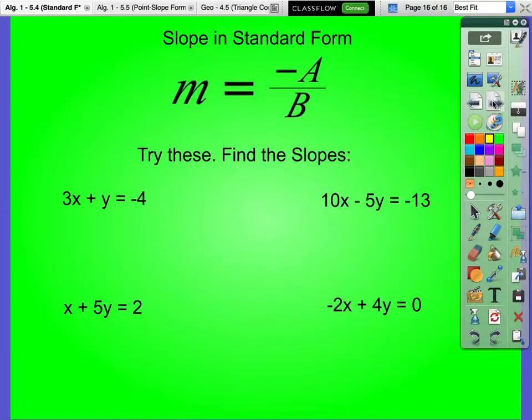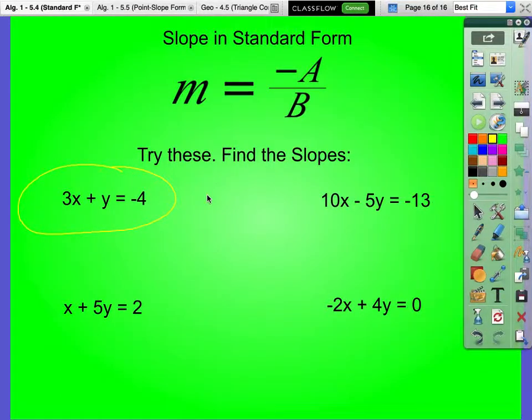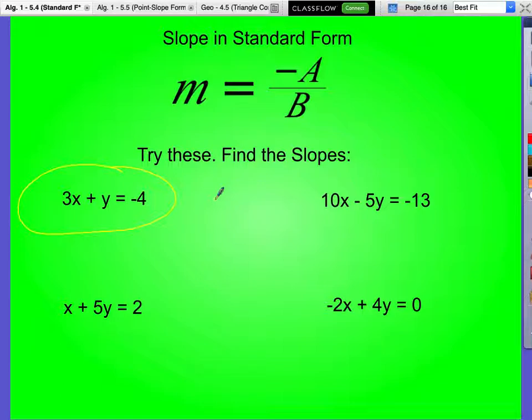We're going to do one more of those. So I want you to do the first one, this one. You don't have to write anything else down other than what I just circled, and then find the slope.